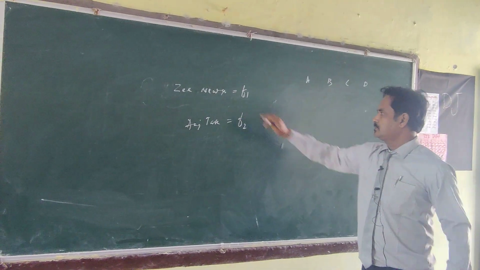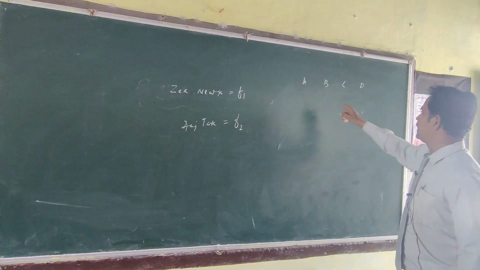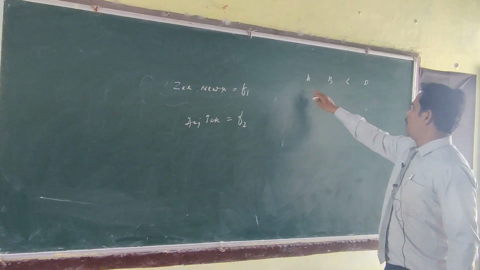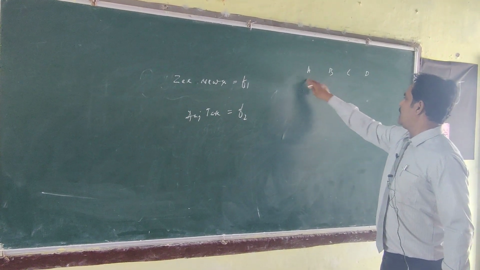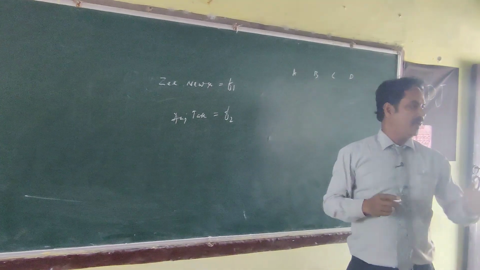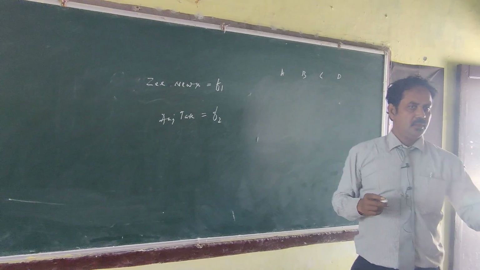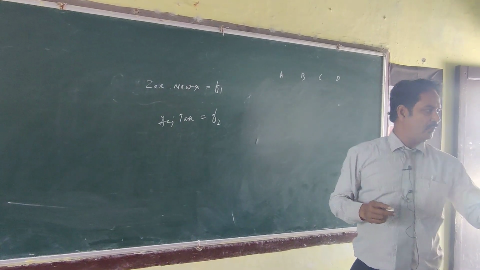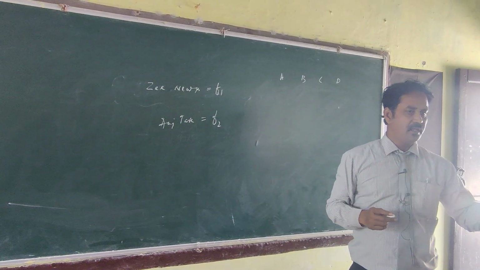So, suppose in my colony there are quarters A, B, C, D, and they have adjusted their television by remote.